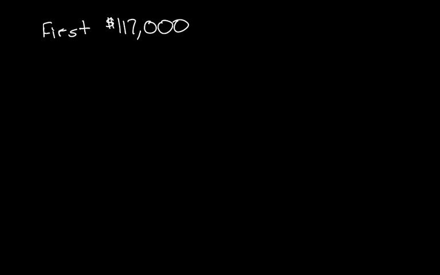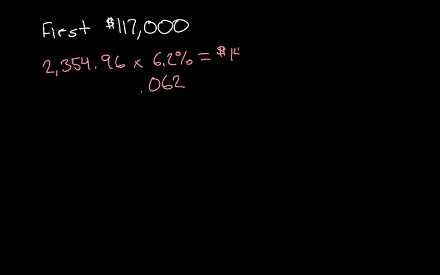For example, we will go back to Teresa May. She made $2,354.96, and you would multiply that by the rate, which is 6.2% or 0.062, and you would get a FICA Social Security tax of $146 and a penny.